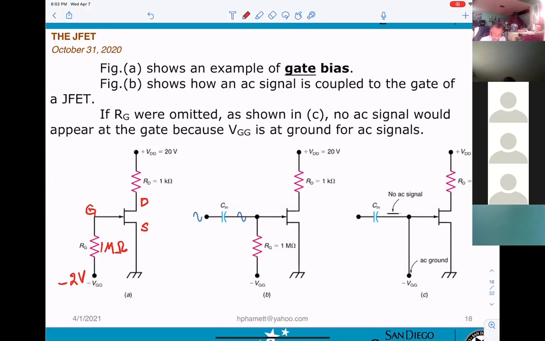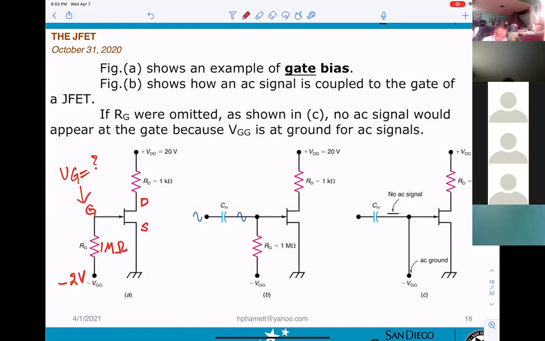When VGG is minus 2 volts, the question is, what does VG equal? VG equals minus 2 because the junction is reverse biased. You say minus 2, that's correct.